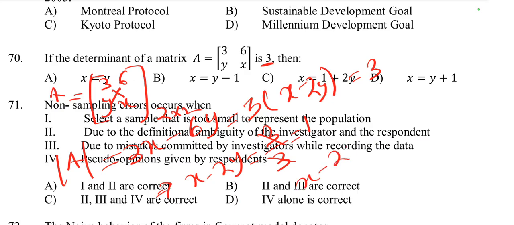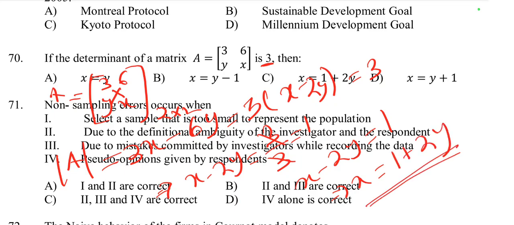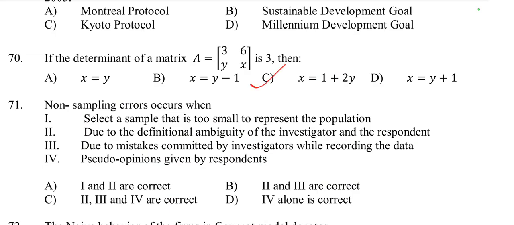So x minus 2y is equal to 1. This implies x is equal to 1 plus 2y, which is option C. So x is equal to 1 plus 2y is the right option.